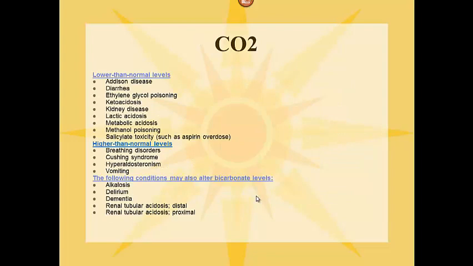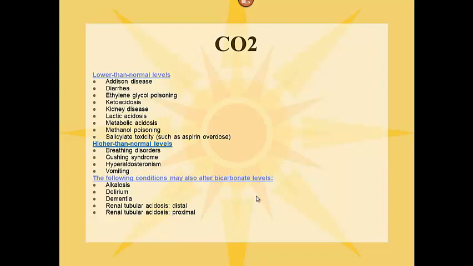CO2. CO2 is basically the interpretation of bicarbonate in plasma. And CO2, remember that the value is 22 to 26. So when you have less than 22 or lower than normal levels, the most common cause here would be metabolic acidosis.